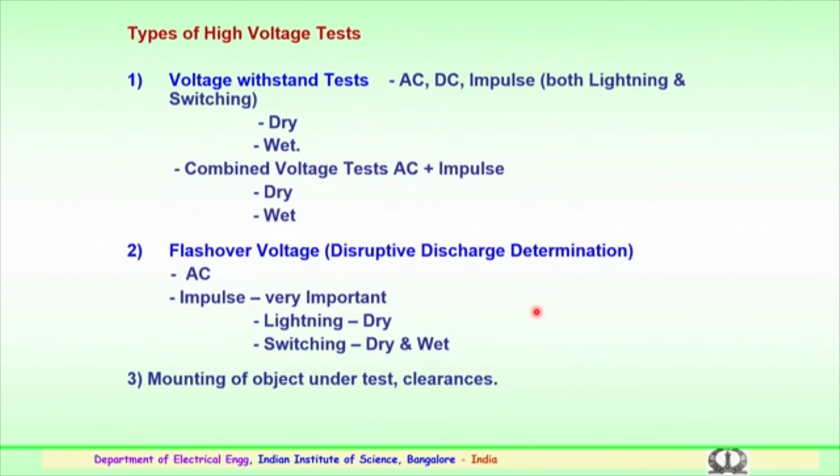Again the impulse, the lightning dry conditions, and switching dry and wet conditions are all very important and are generally applied, and the withstand for flashover for lightning and switching, both dry and wet conditions, is monitored. Apart from this, when carrying out the above tests in the laboratory, for the mounting of the object, the clearances to be maintained are specified, and these are to be adopted for the correctness of the testing.